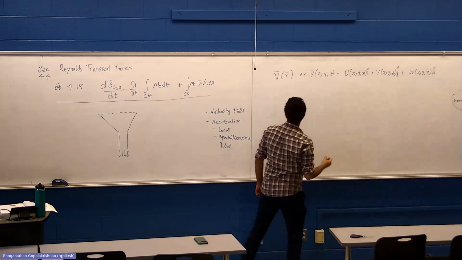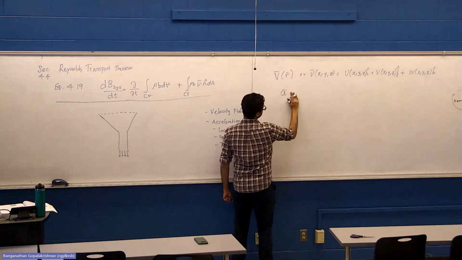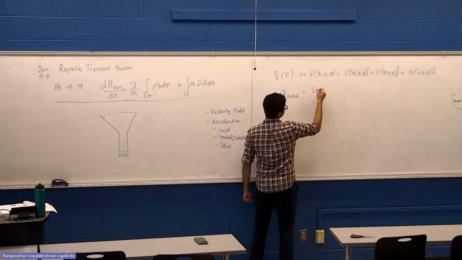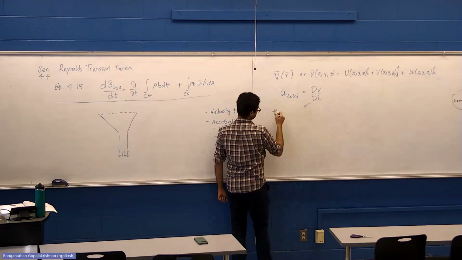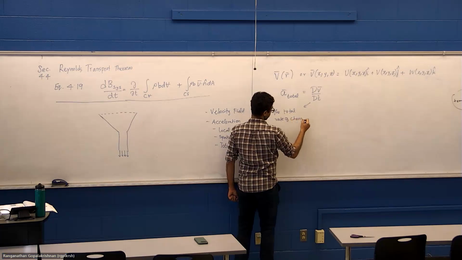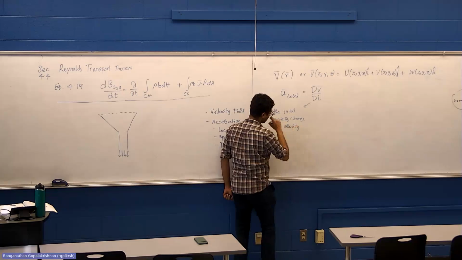Okay. We talked about what is acceleration. Total acceleration is the total rate of change of velocity, dv over dt. Okay.